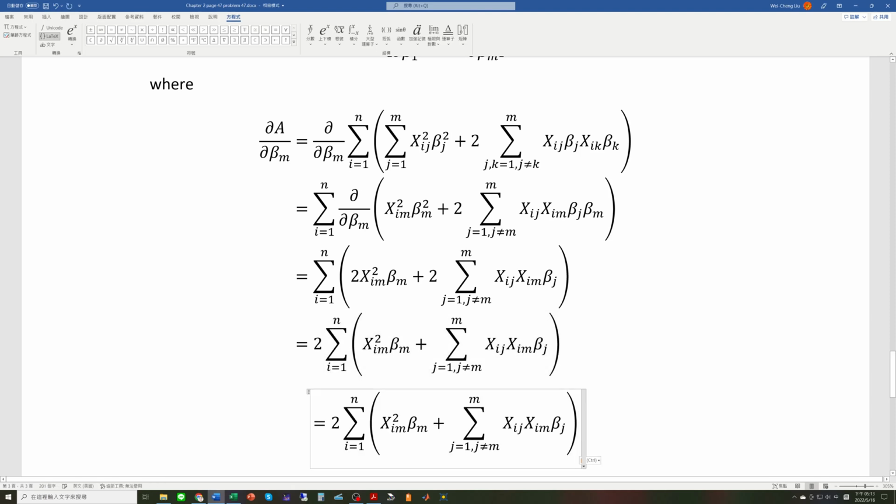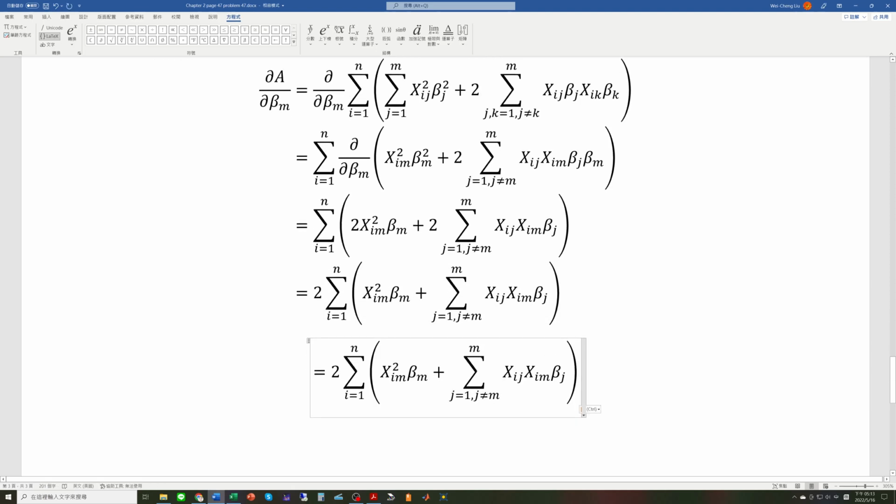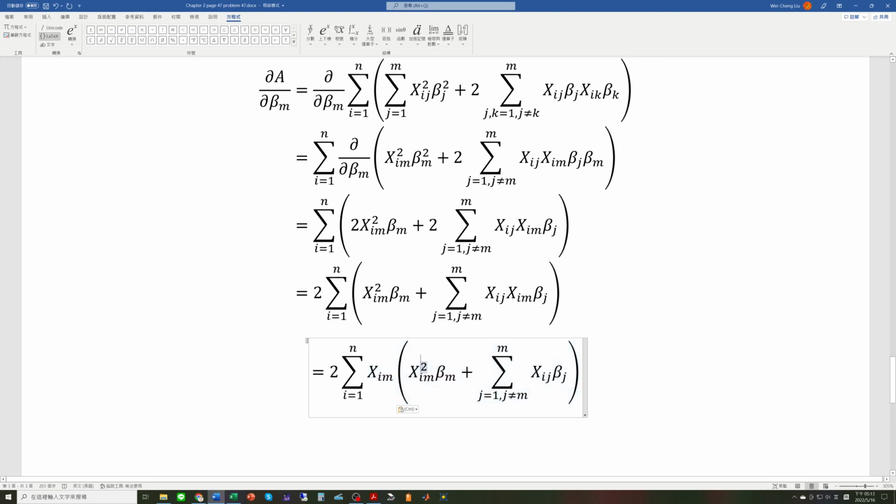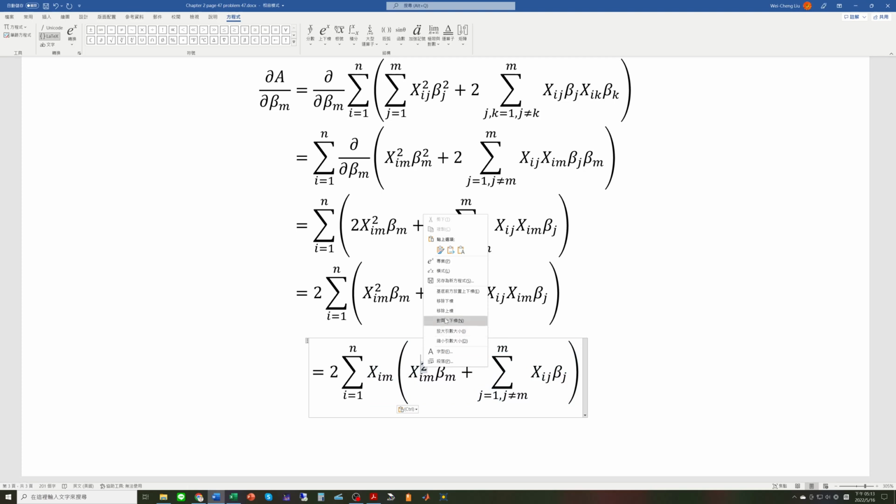So we have the same equation, and we take the xim out of the parentheses. So this square disappears. Let us remove the superscript.